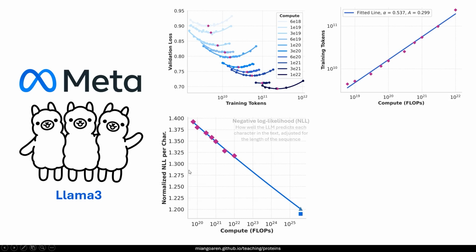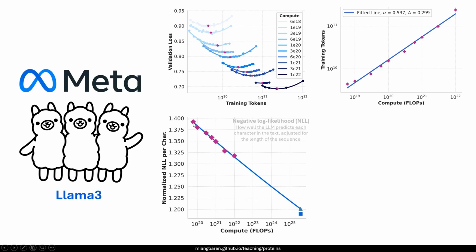Likewise, we can use metrics that help us see what is also being predicted for each of the words or tokens in particular, such as this metric called the negative log likelihood, represented here on the y-axis, and again on the x-axis we observe the computing capacity that we have.